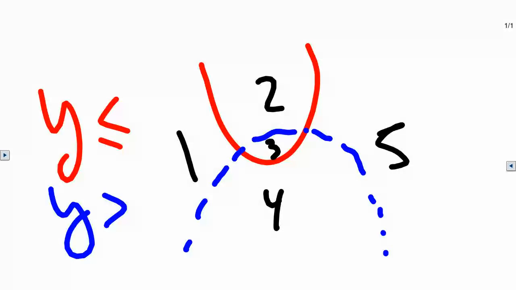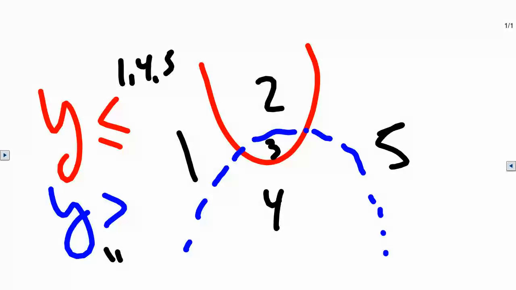I would say the same thing. All the points that are inside the red graph are 2 and 3. Obviously, they're above the red graph. So everything else, 1, 4, and 5, are below it. Right? So 1, 4, and 5 are below it. And greater than the blue one, well, the blue one is over here, and 3 and 4 are below it.